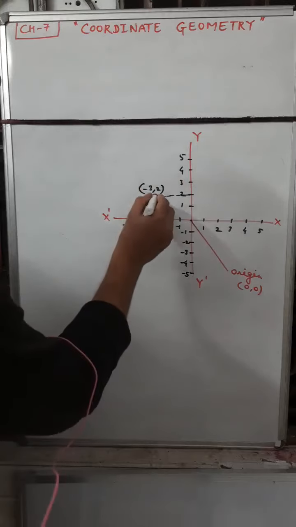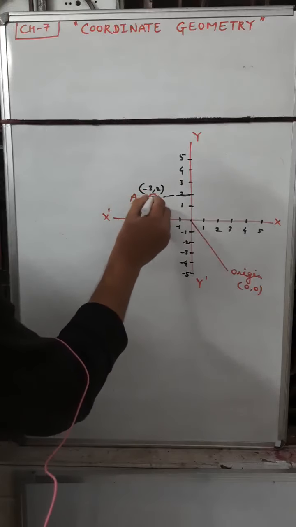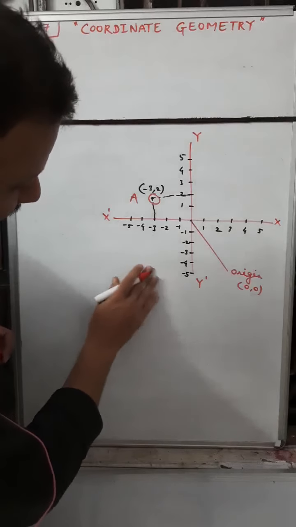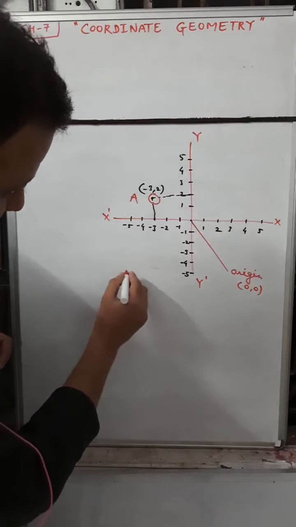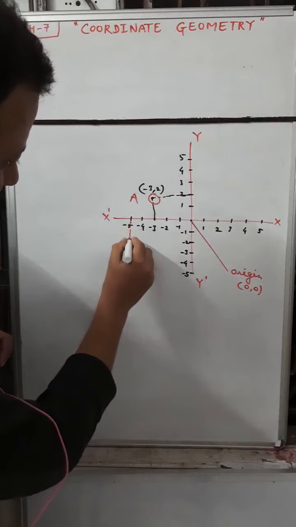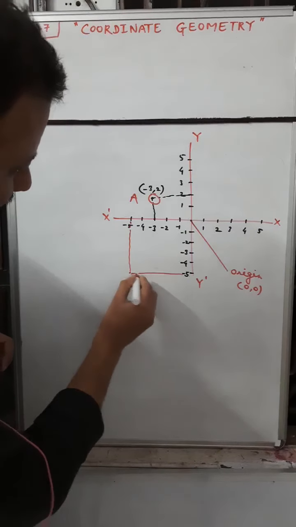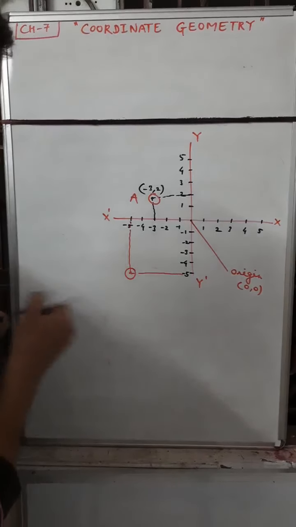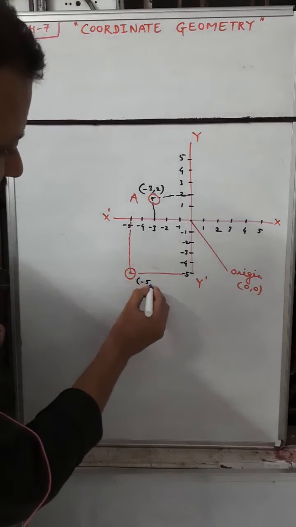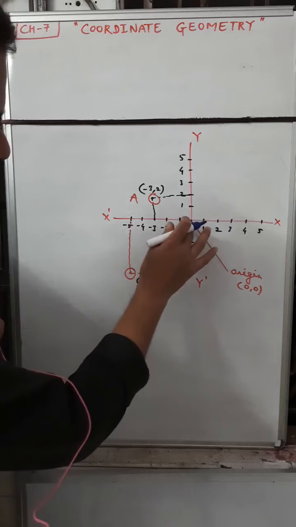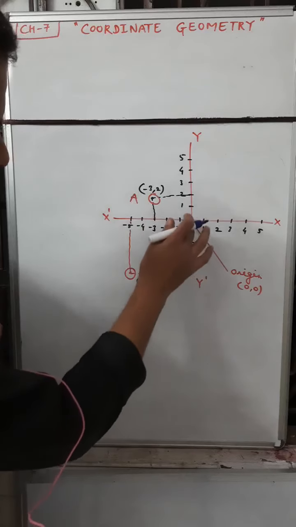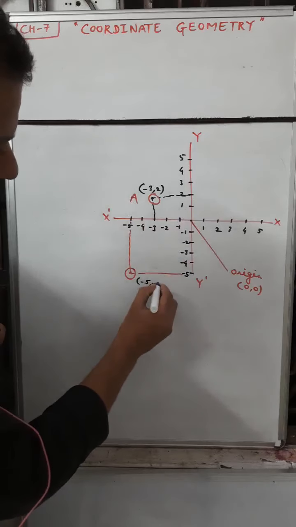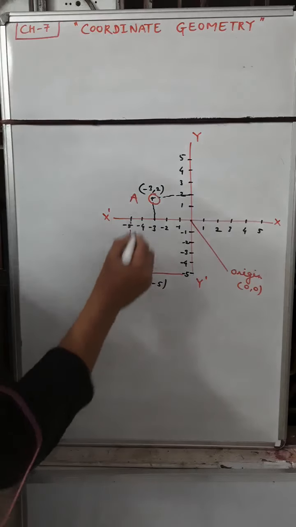Suppose it is point A. Now you have to calculate the distance to point B, which is situated at minus 5 comma 5. The coordinates of this point are minus 5 from the origin on the x-axis and 5 on the y-axis. So it is point B.